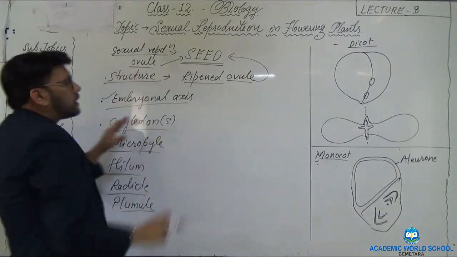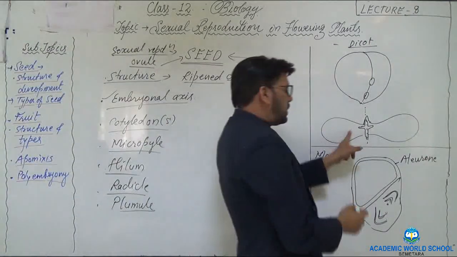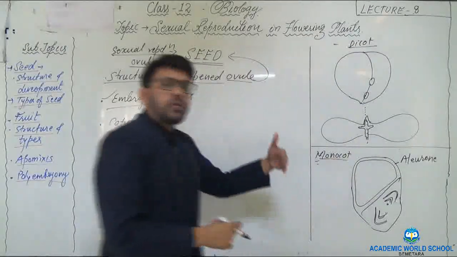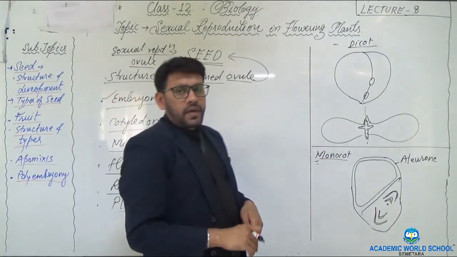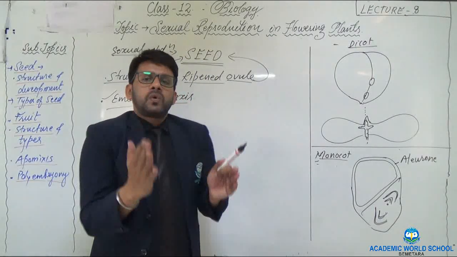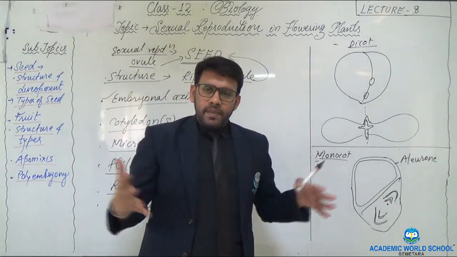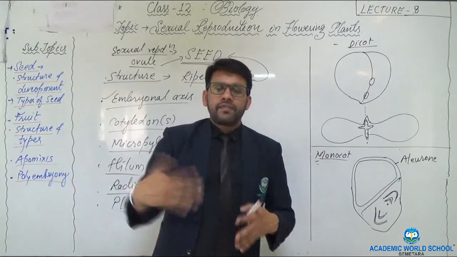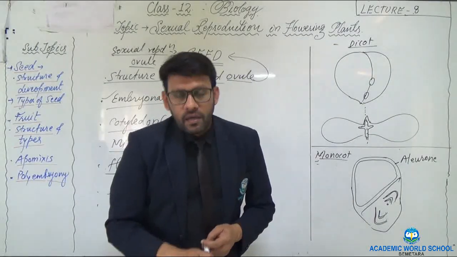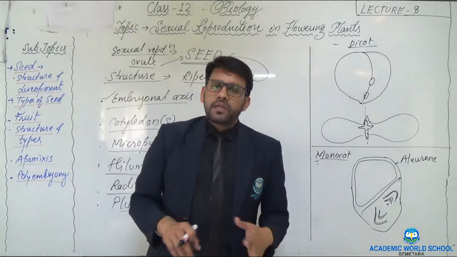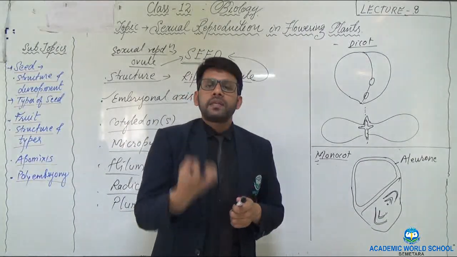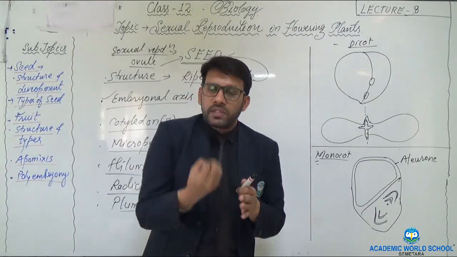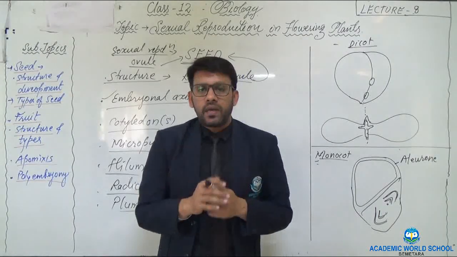So let us discuss what these different parts are. How can you see the different parts of the seed? Children, you can soak any type of seed that we generally find in our kitchen or at home, overnight or for 2-3 hours. As a result, what do you find? It soaks the water and gets swollen.